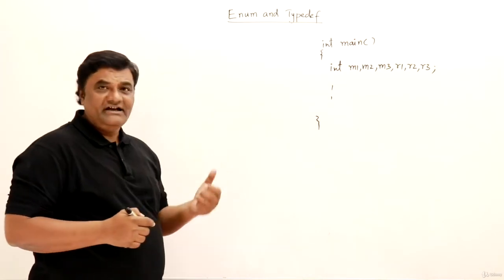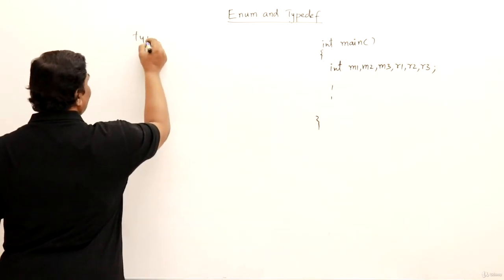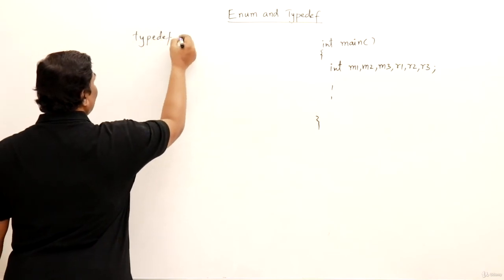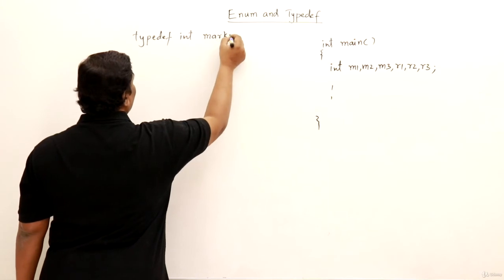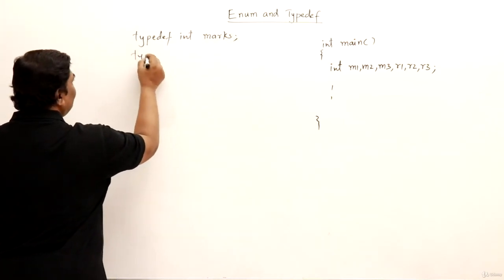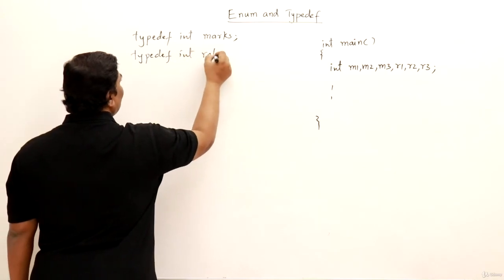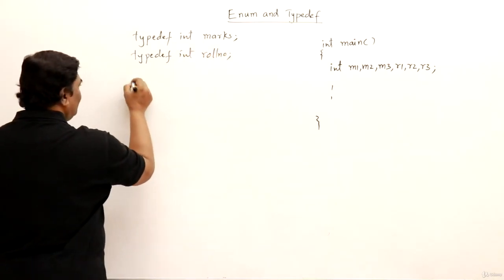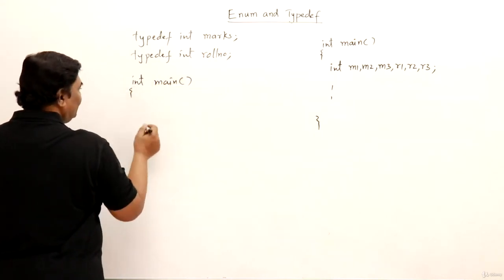Both are of integer type. So here I will define typedefs: typedef integer marks, and one more typedef, integer roll number.